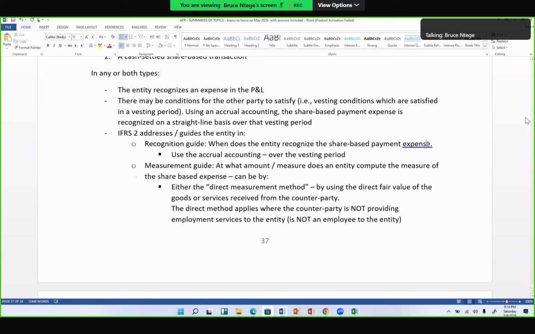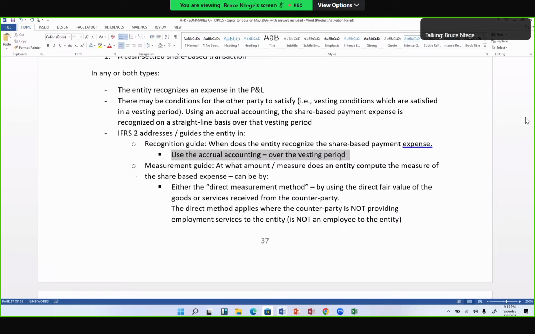The tax laws in different countries will not allow you to expense a share-based payment expense until you actually give out those equity instruments or the share appreciation rights, which is at the end of the vesting period. So every year, on an accrual basis, you expense rather than capitalize, while the tax base keeps it as an asset. Your carrying amount of the asset is 0 because you've expensed, while the tax base is a figure. So there's always a difference between your carrying amount of 0 and the tax base, which has a figure.